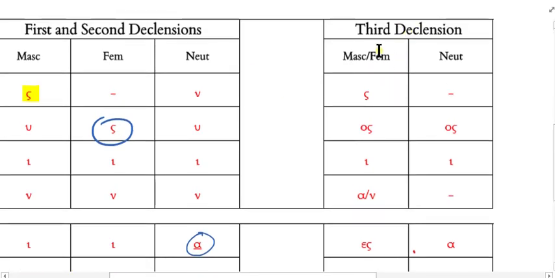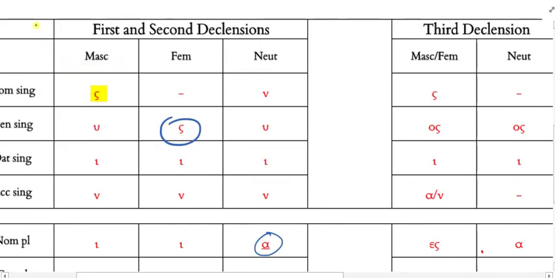When we're dealing with third declension, remember, anything that's third declension could be any gender, and it's not always clear what gender it is. Okay, so it's only in the first and second declensions where we're going to see the stem vowel omicron before the sigma, like logos, omicron before the nu, ergon, right?